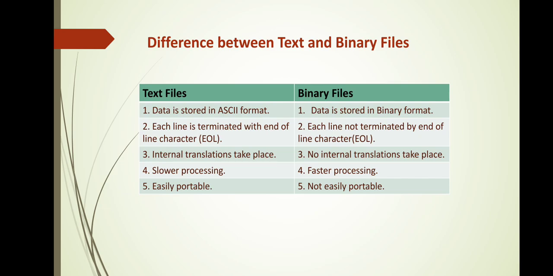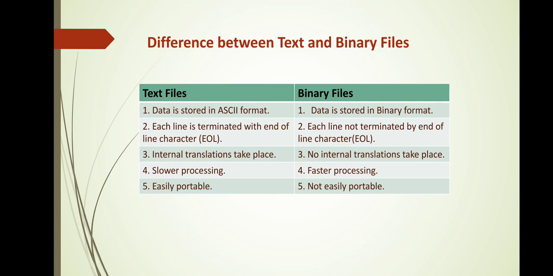Since the text file contains the end of line character, whenever reading or writing to the text file is done, this character will be read, and whenever it is read, internal translations will take place. So in a text file there are certain internal translations, whereas in binary files there are no internal translations.